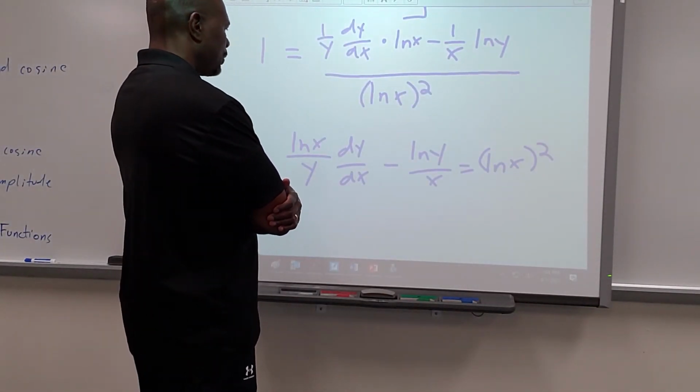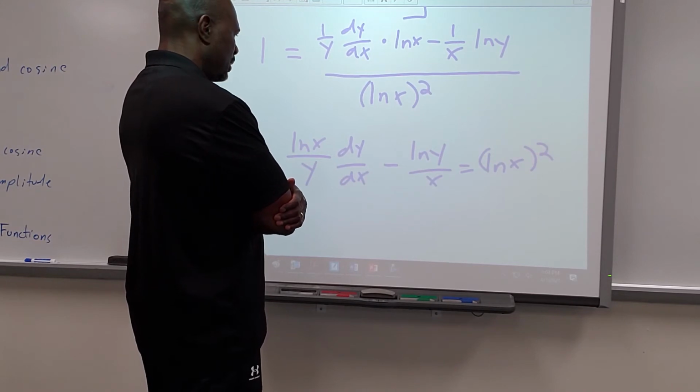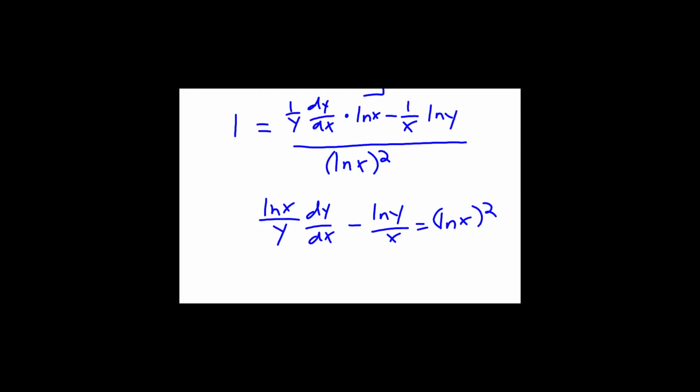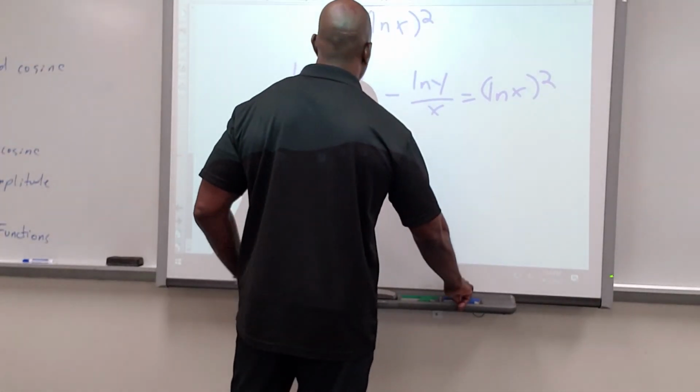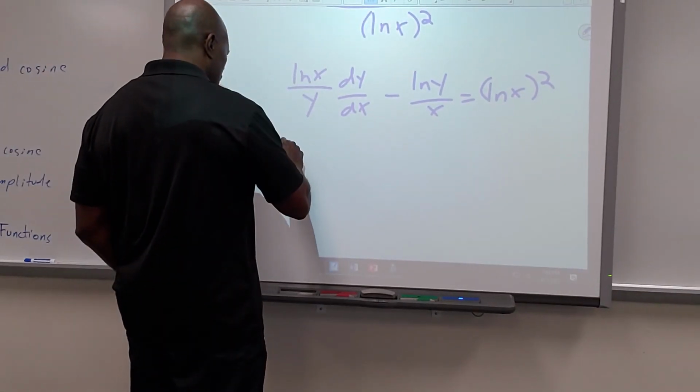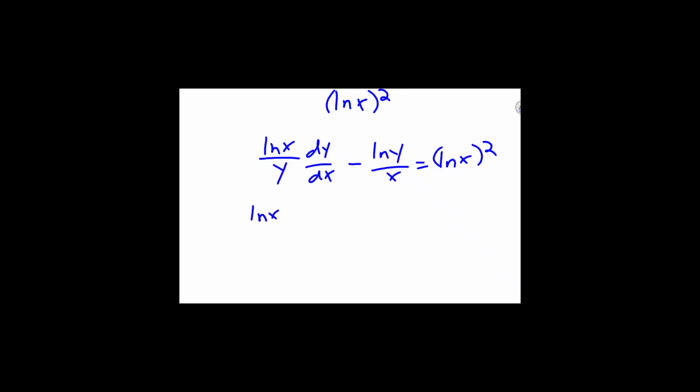Well, actually, it's pretty simple to solve for dy by dx now. I'm going to move the ln y over x over. So ln x over y dy by dx will equal ln y over x plus ln x squared.